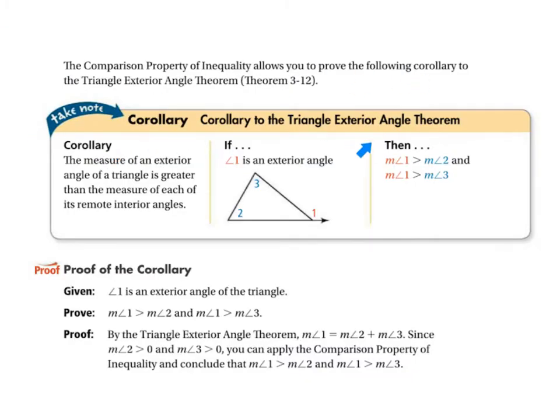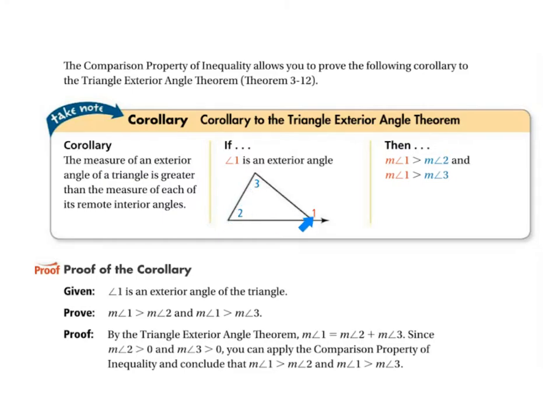So given that idea, we remember when we have the triangle exterior angle theorem, that theorem states that angle 1, this exterior angle, is going to be equal to the sum of the remote interior angles, angles 2 and 3. Well, the corollary to this then is that if angle 1 is an exterior angle and it's equal to the sum of these two, then these two each individually have to be smaller.